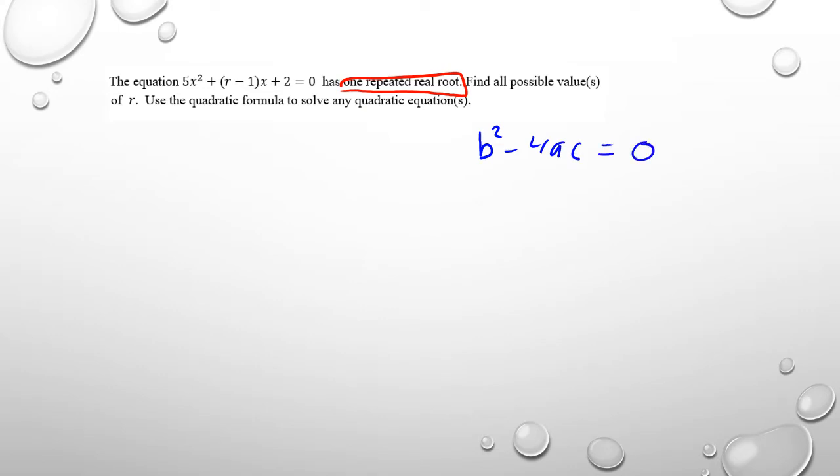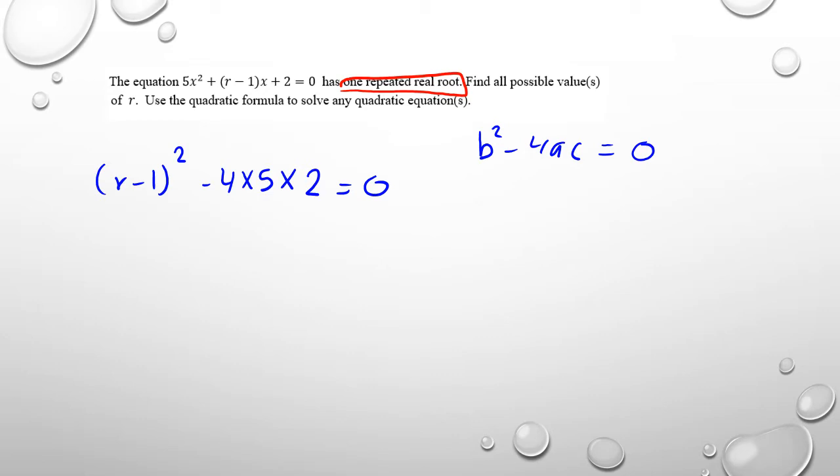That's the condition for one repeated root. Because we've got a quadratic, b is r minus 1, so (r minus 1) squared minus 4 times 5 times c, which is 2, equals 0.